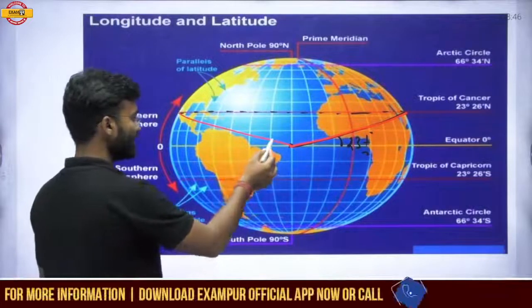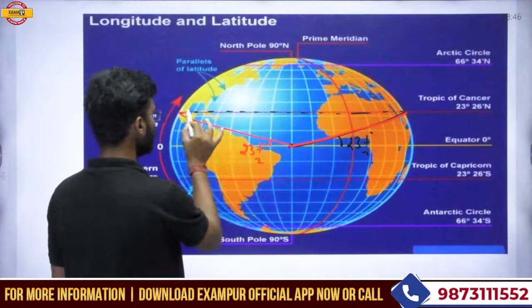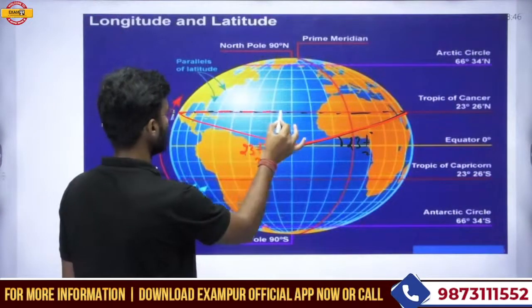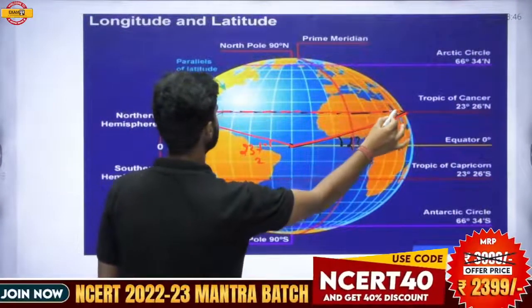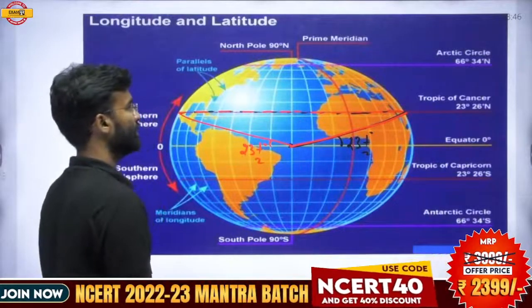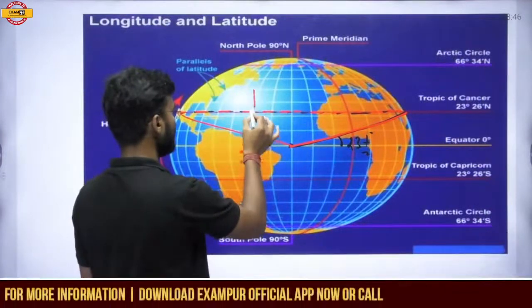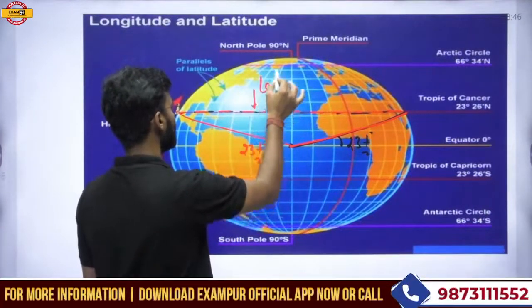And if we join this same angular distance with an imaginary line, this imaginary line would be drawn on the surface, and that is why it is called the latitudinal line.